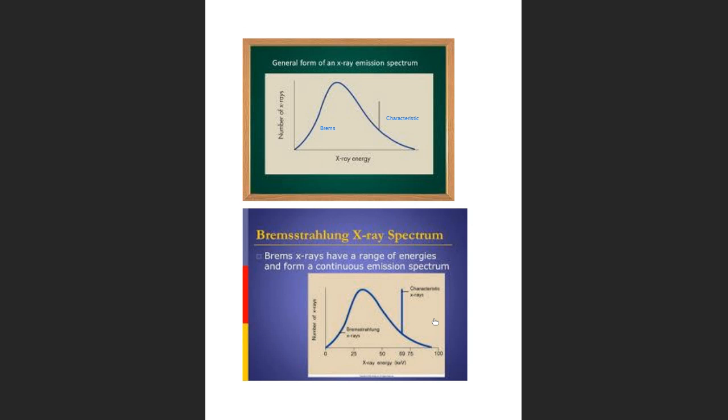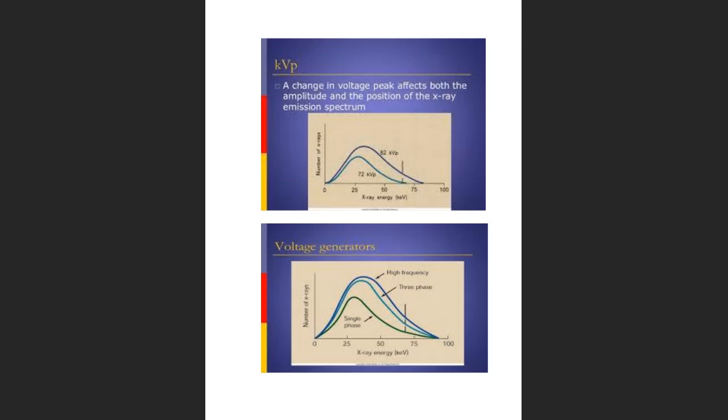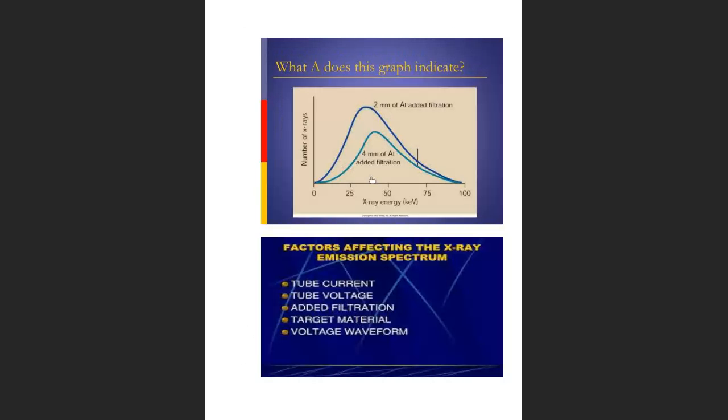So I have an image here, a little bit further ahead of myself at the moment than I want to be, but because this tends to be one that gives people grief, when we talk about how we double the added filtration, we do this to lower patient dose. Well, you see how when we added it, we took away a whole bunch of X-rays that were being produced, right? Because this curve has much lower amplitude.